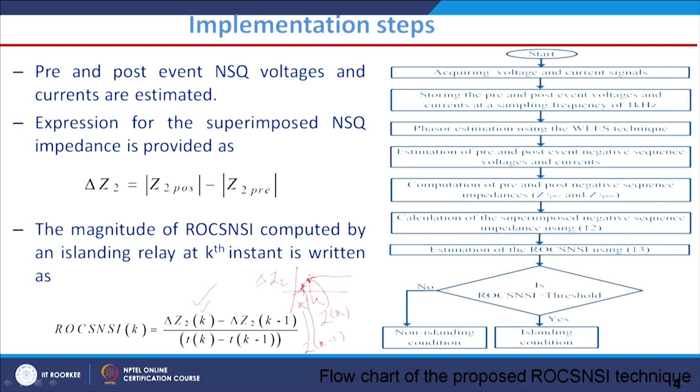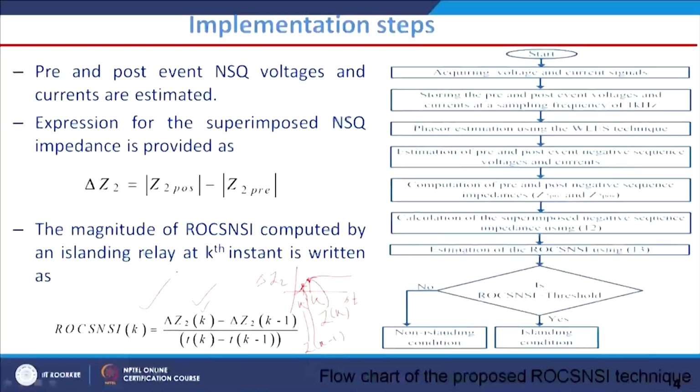The difference between these two values, delta z2 k minus delta z2 k minus 1, is divided by the corresponding time, the time gap delta t between two consecutive values on the t axis.